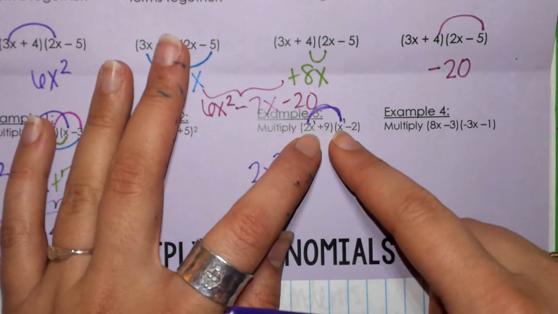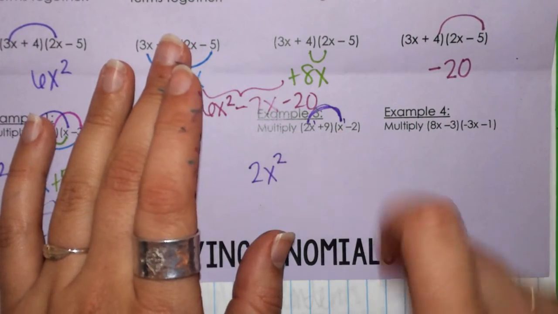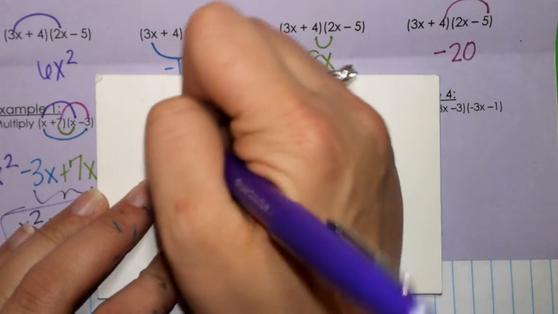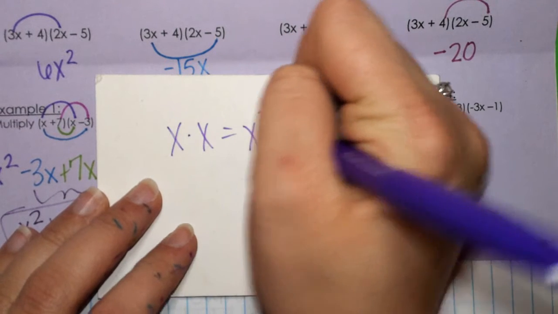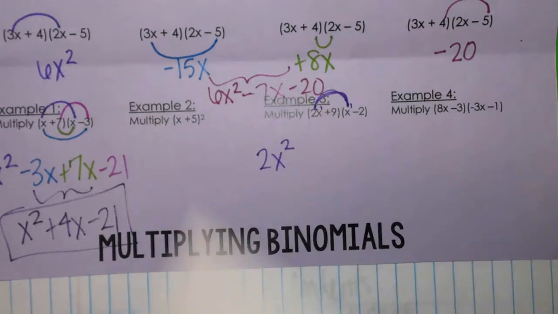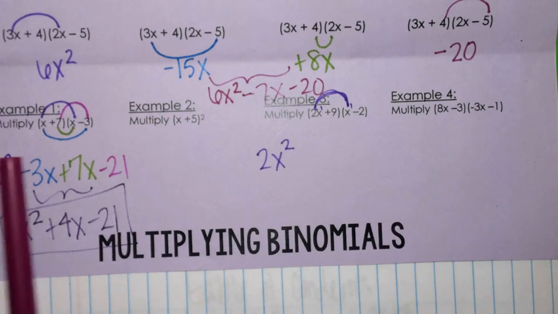When you multiply like bases, you add the exponents, so 1 plus 1 is 2. It's an invisible 1. For the rest of your entire life, x times x is going to be x squared. Now we need to do the mouth.